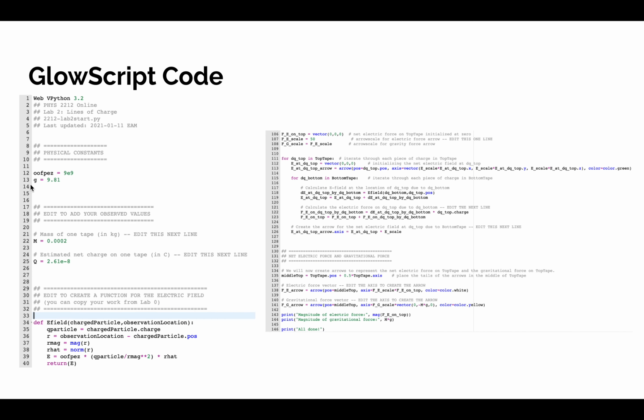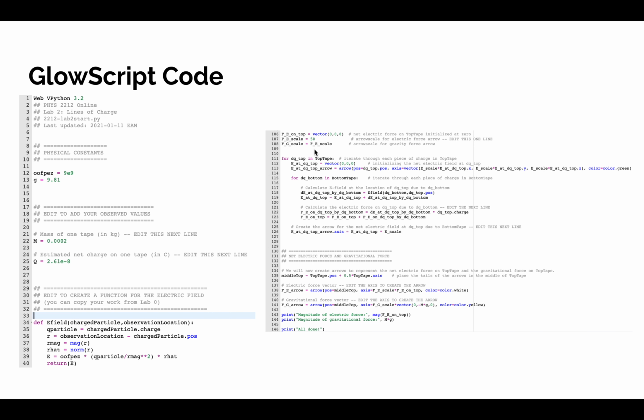Here is the GlowScript code. As you can see here, we have the physical constants. This mass was calculated in the previous lab. Also, here we see that we're using the Q that we calculated using the electric field of the rod, and here the electric field equation is placed.